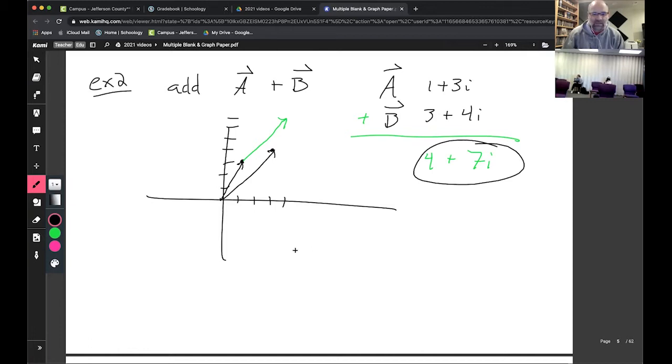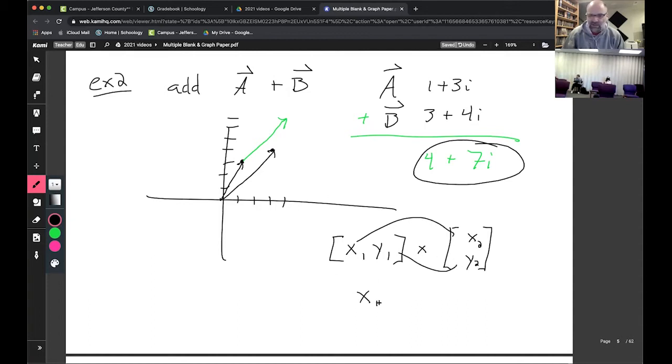So to multiply it, for example, if here's our first vector times, and then we know how to do matrix multiplication, right? So you just multiply this by that, add them together. So your final answer is x1 x2 plus y1 y2.